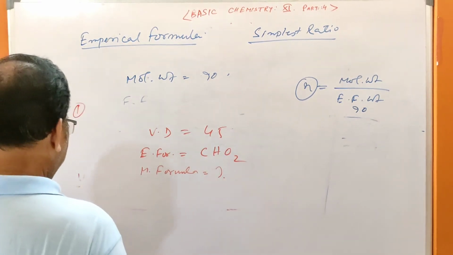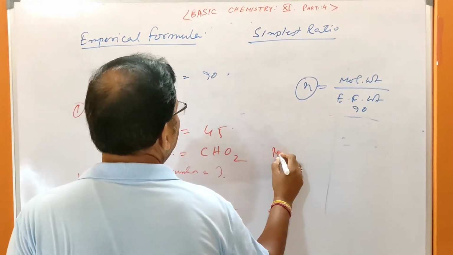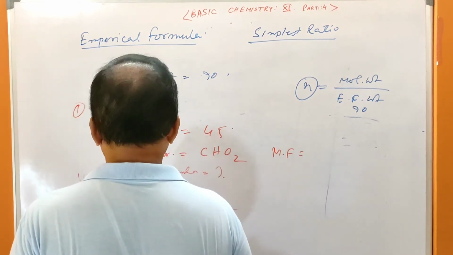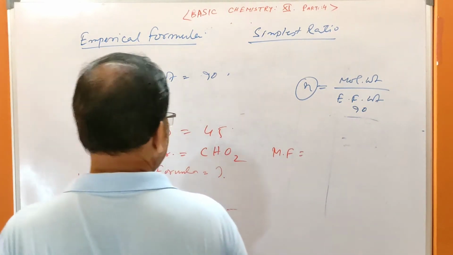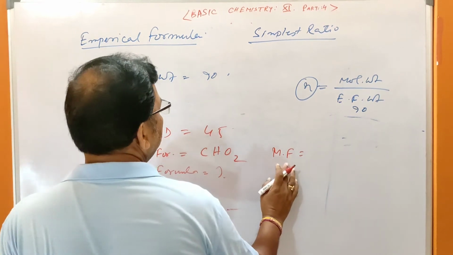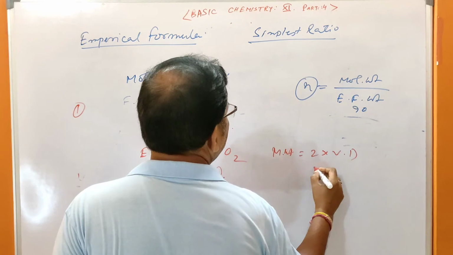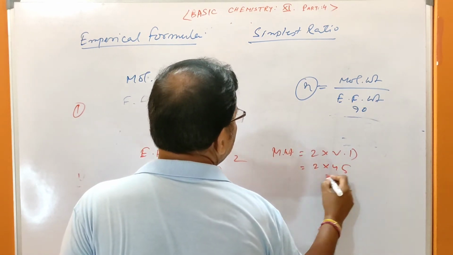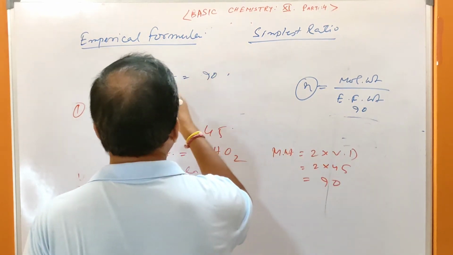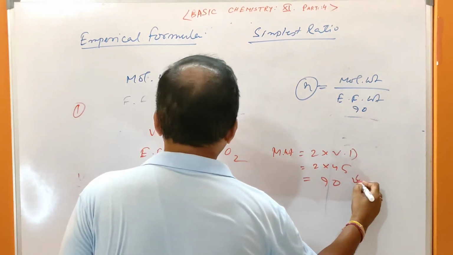So what do you know? Molecular weight equals 2 into Vd. That is 2 into 45 equals 90. So the molecular weight 90 is given.